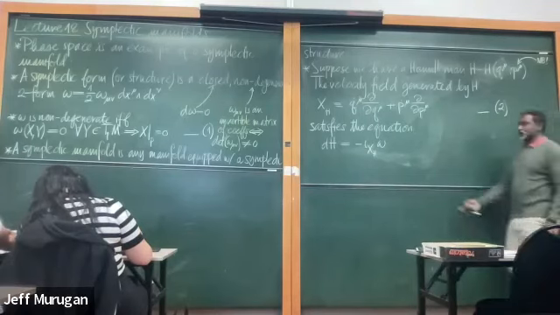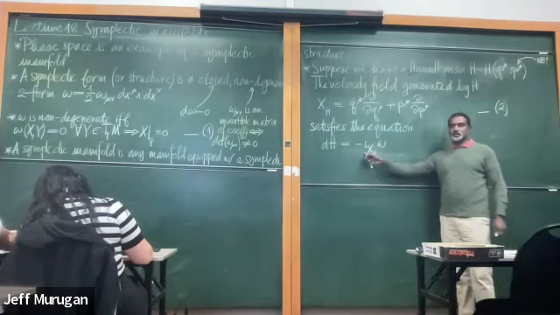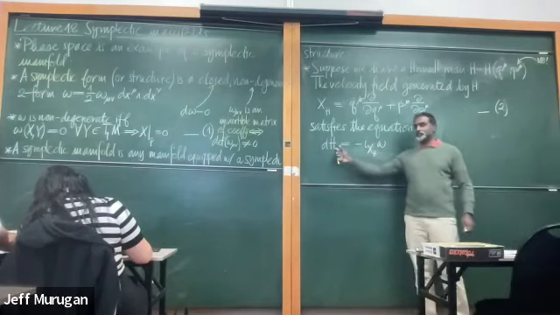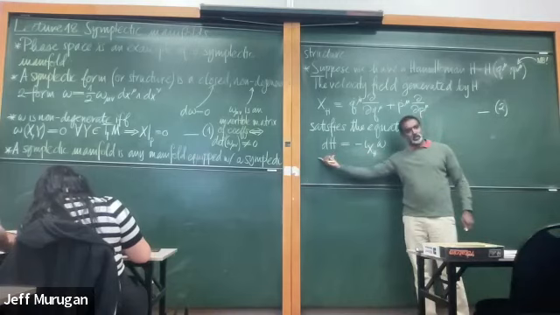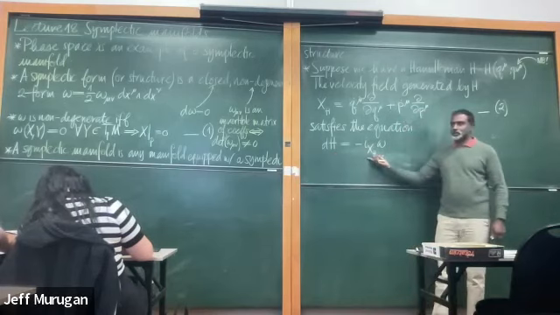So again, remember the interior product is a contraction. Omega is a two form. If I contract it with the vector, I get a one form. H is a function, and if I take the exterior derivative, I get a one form. So as a sanity check, one form on the left-hand side, one form on the right-hand side.